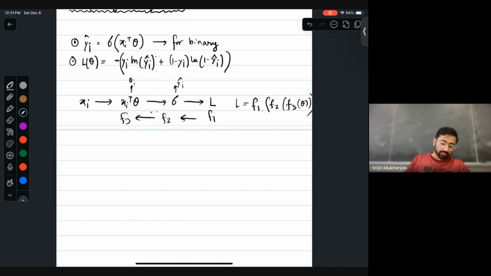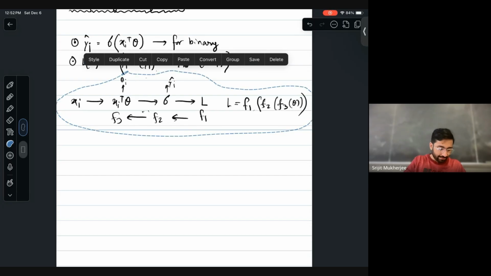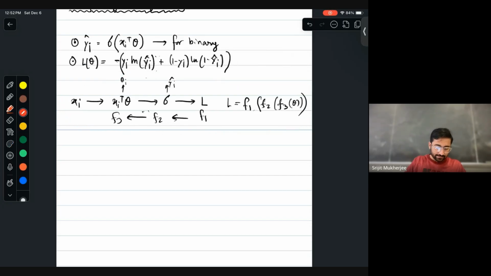So let's now understand this. This is super important. Let me mark it out. F1, F2, F3.